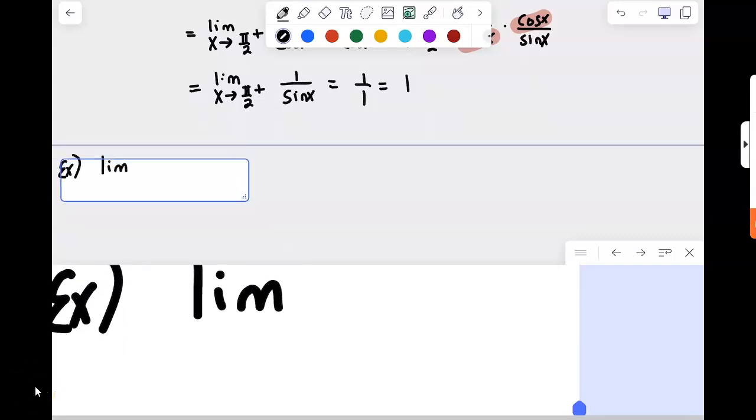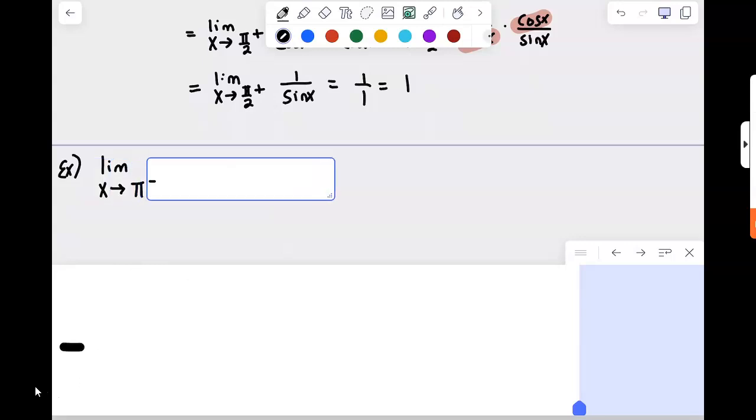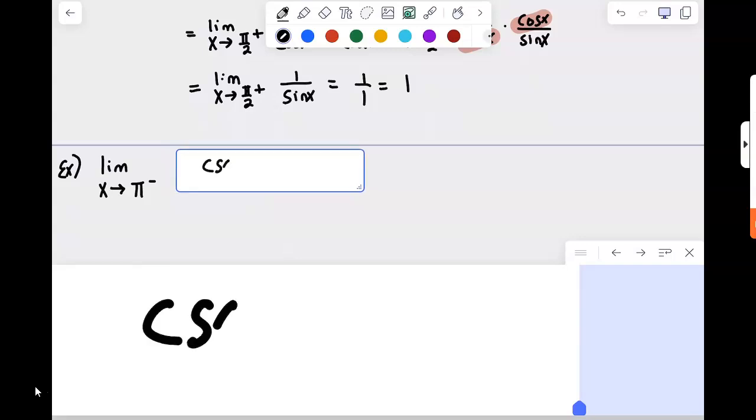This time we're going to look at an example which seems like it's really not going anywhere. And sometimes we just have to try a different approach. And that's what we're going to run into in this problem here.